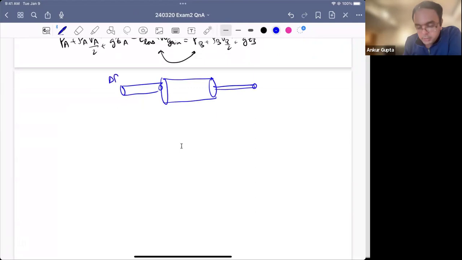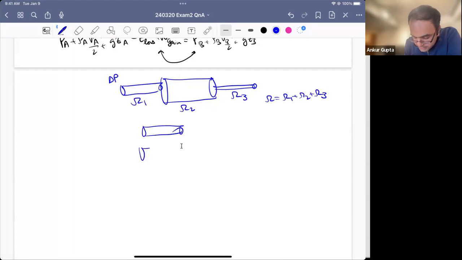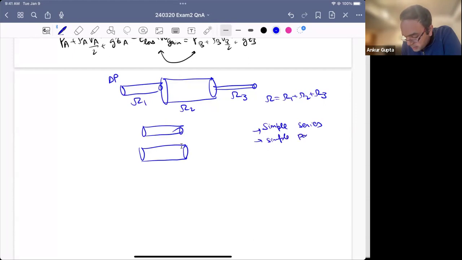You won't be asked to do any fancy calculations, but just make sure you know omega is equal to omega 1 plus omega 2 plus omega 3. Or you can think of a problem like you have in the practice exam, like parallel. You won't be expected to do any more than simple series and simple parallel circuits. There is not going to be a circuit where we'll expect you to do something combined series and parallel, so I wouldn't worry about that.